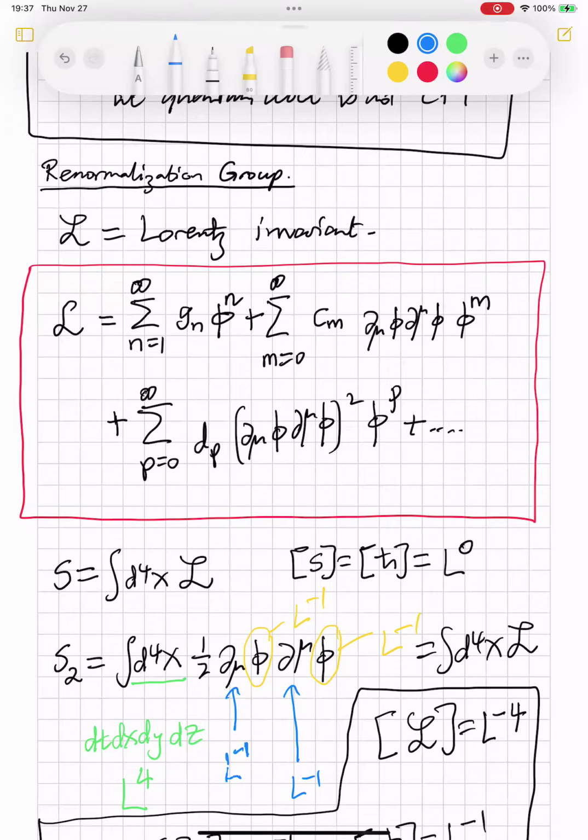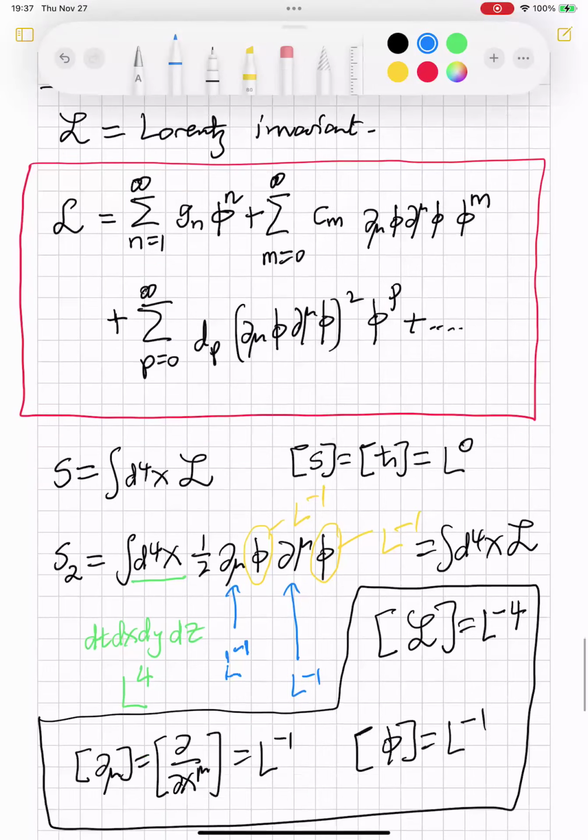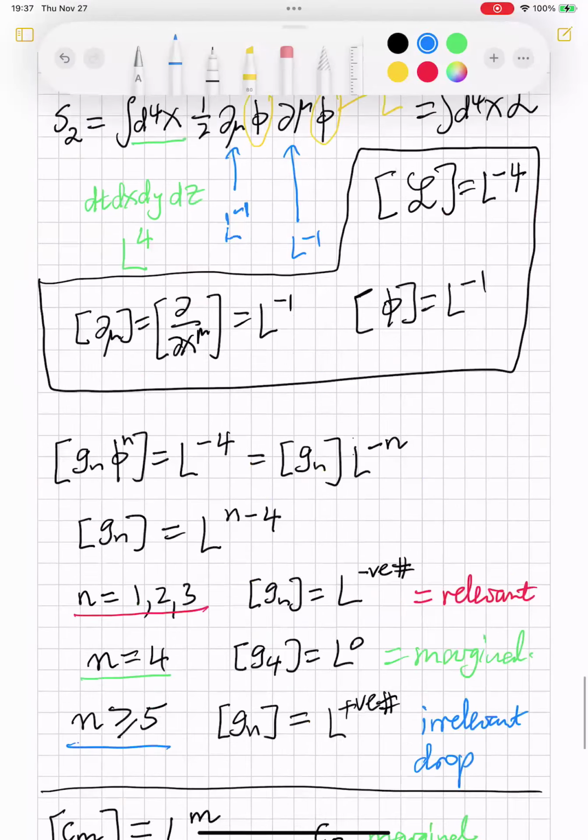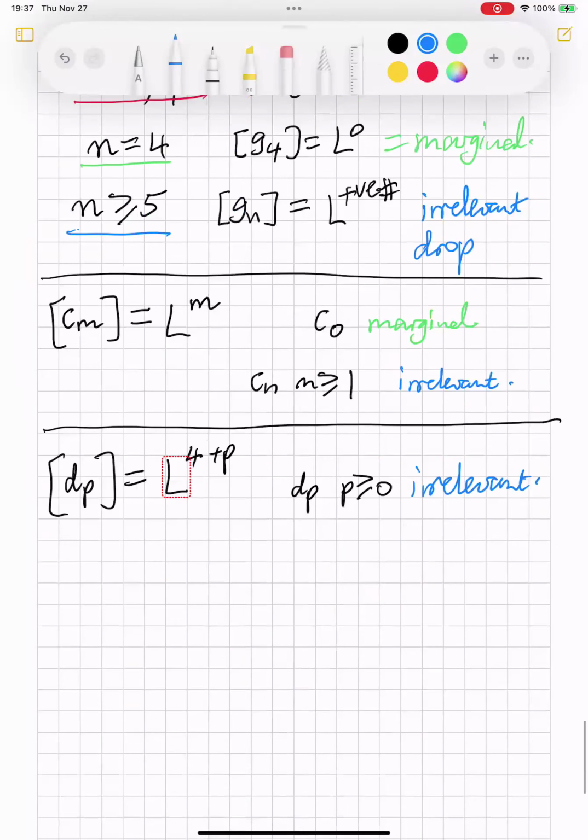So we started off by just imposing Lorentz invariance, and we found that there were an infinite number of parameters that this theory had. But now going to low energy and keeping only those constants that don't go to 0 at low energy, so dropping all of the irrelevant couplings, this is the form of the Lagrangian. We've got a term linear in phi.